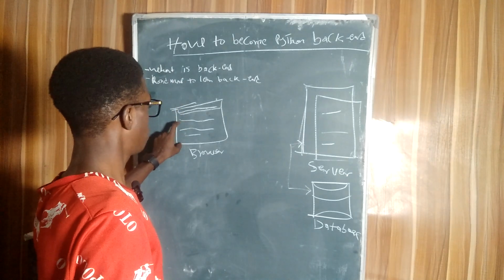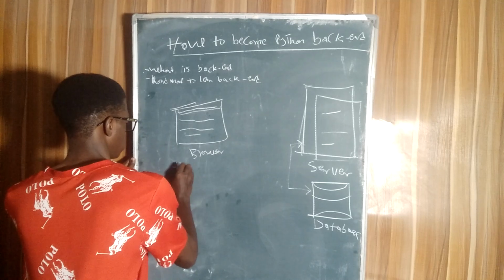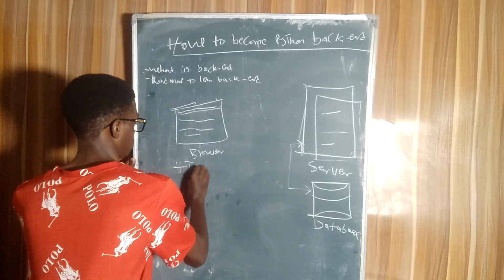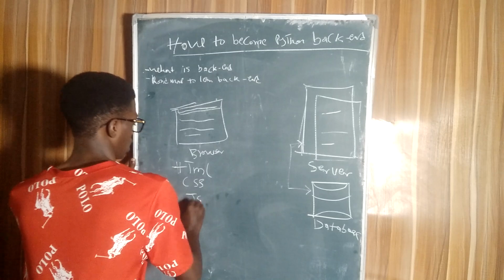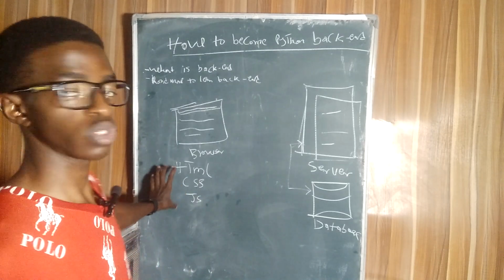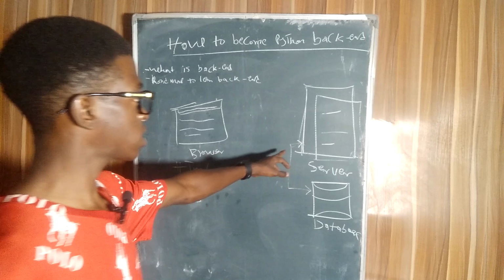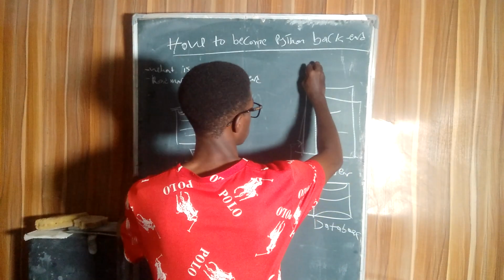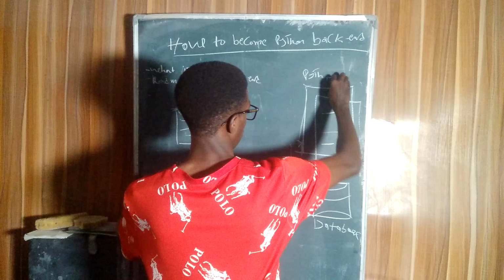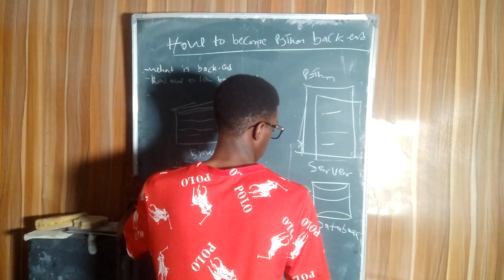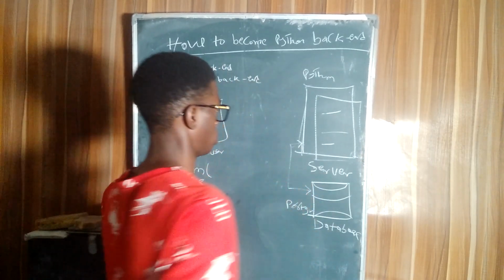In a browser, we use technologies like HTML, CSS, and JavaScript. They are the technologies we use in the browser to create web pages. But on the server side, we use many different kinds of technology, like Python. For the database, we use technology like Postgres and so on.